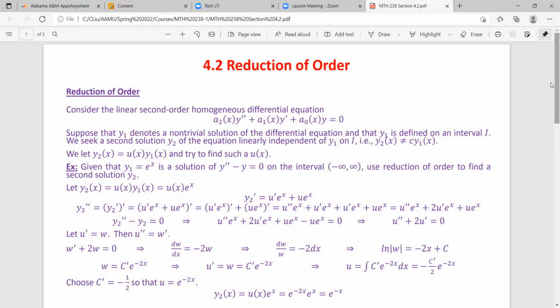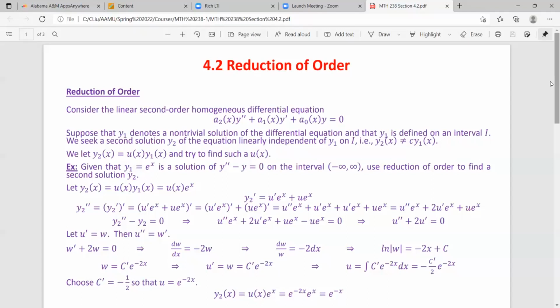After you find a fundamental set of solutions, you just make the linear combination of them. That will give you the general solution of the differential equation. Okay, that's how you solve a homogeneous higher order linear differential equation.